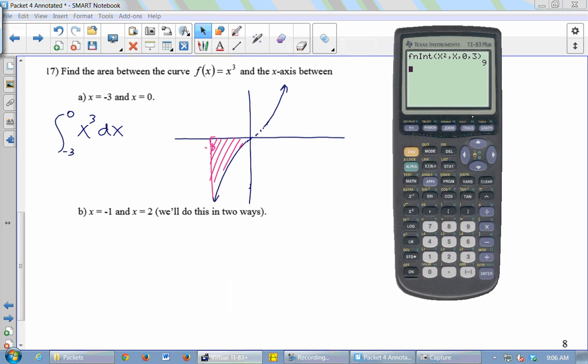So let's just have the calculator do this quickly. fnInt of x cubed, comma x, comma -3, comma 0. And we come up with -20.25.